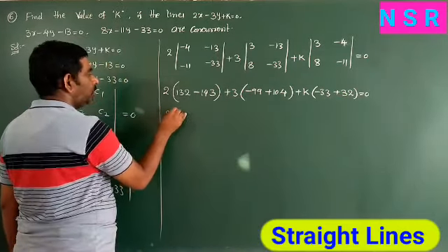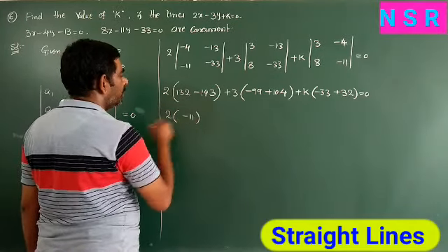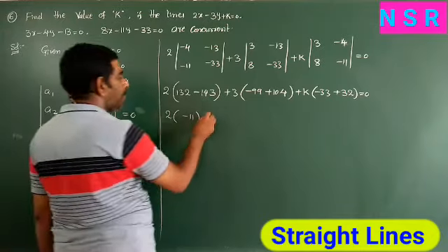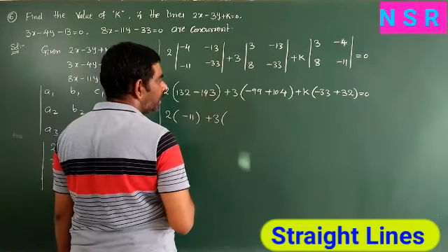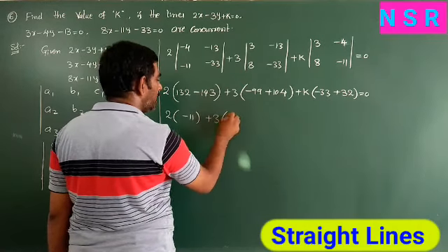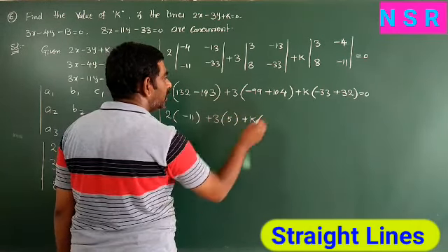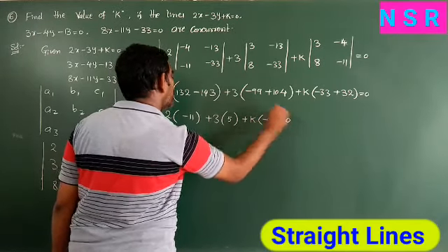So 2 into 132 minus 143 is minus 11, plus 3 into minus 99 plus 104. 104 minus 99 is 5. Next, plus k into minus 33 plus 32 is minus 1, equal to 0.